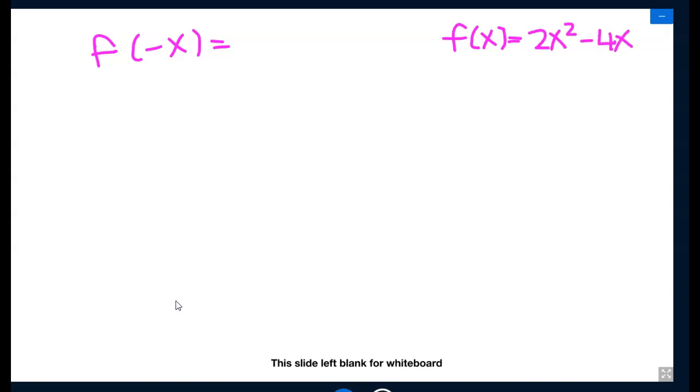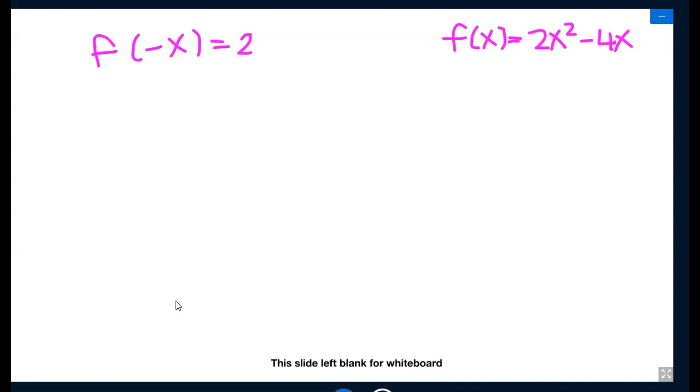Alright, so let's look at f of negative x. Our original function, f of x, is equal to 2x squared minus 4x. What we're going to do is put negative x into this.